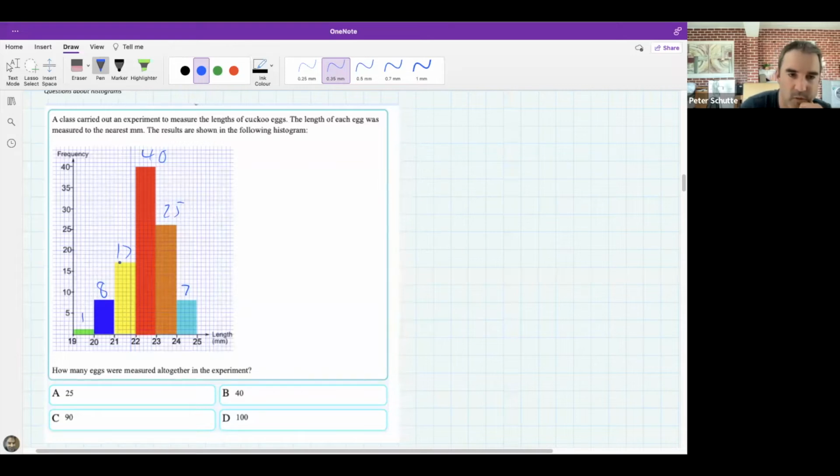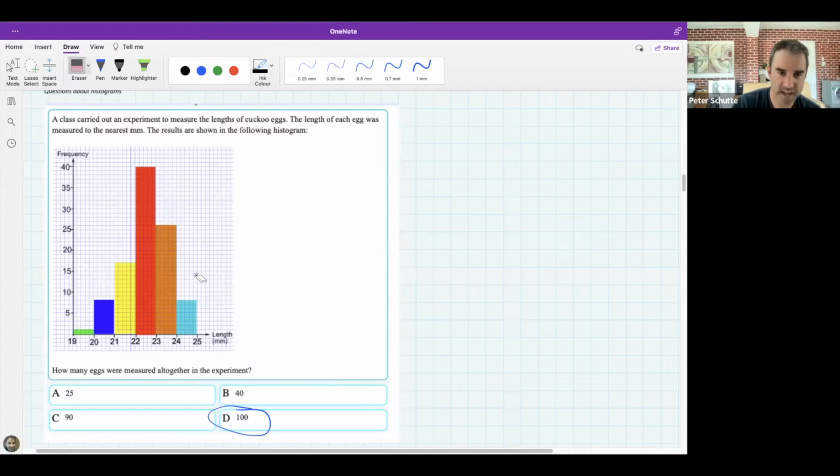Okay, guys, what I did was I looked at each interval and asked, approximately how many are there in each interval in terms of a count? And remember, if I want how many eggs were measured in total, it's basically a cumulative frequency of all these columns. If you look at it, it's going to get closest to 100. And so the correct answer would be D.